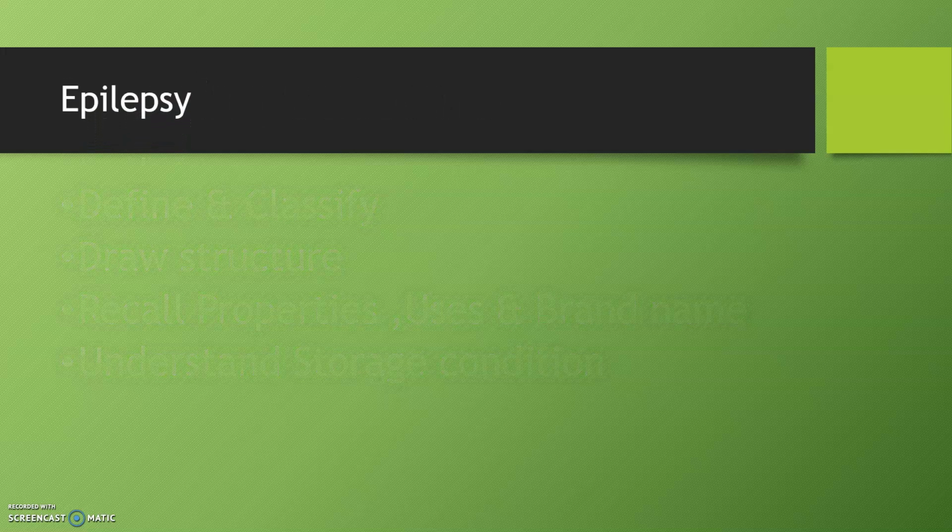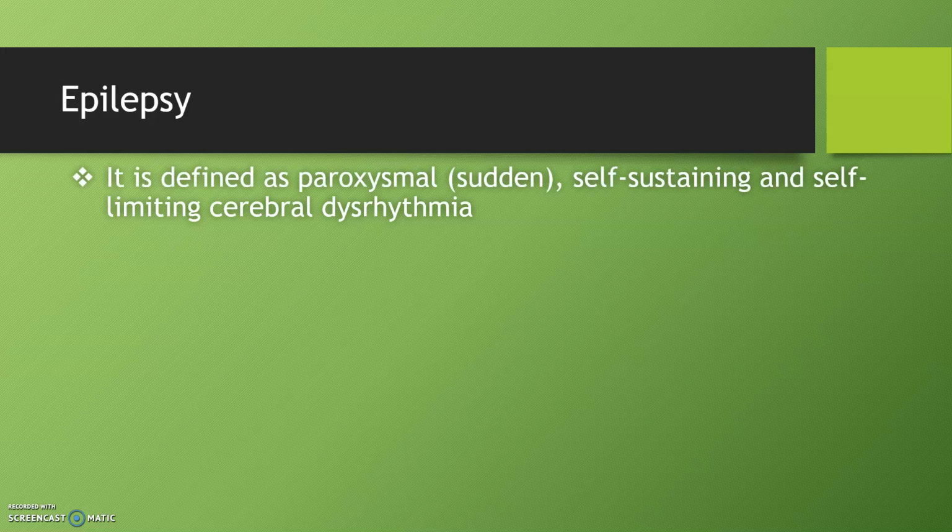So first one, what do we mean by epilepsy? Epilepsy means the paroxysmal, self-sustaining and self-limiting cerebral dysrhythmia. What happens actually in epilepsy? The firing of neurons is collapsed, and they abnormally increase the firing.